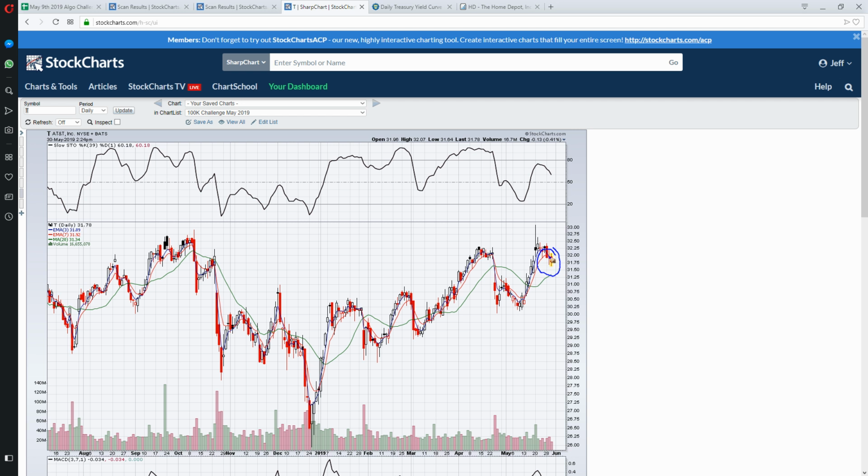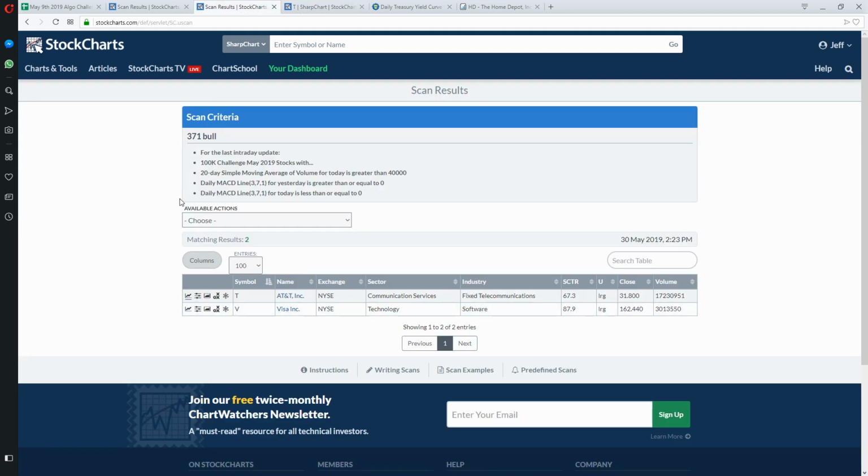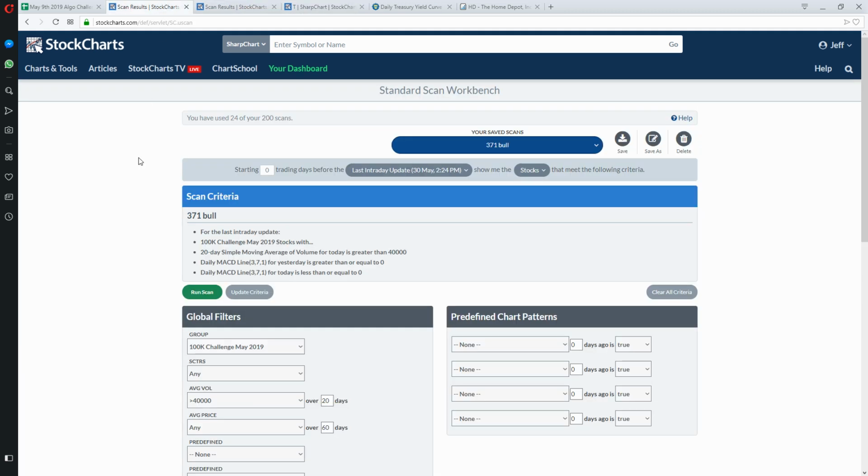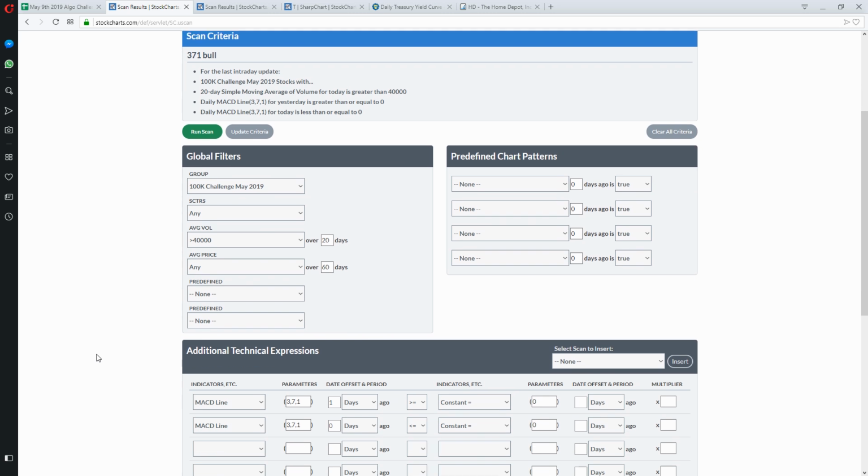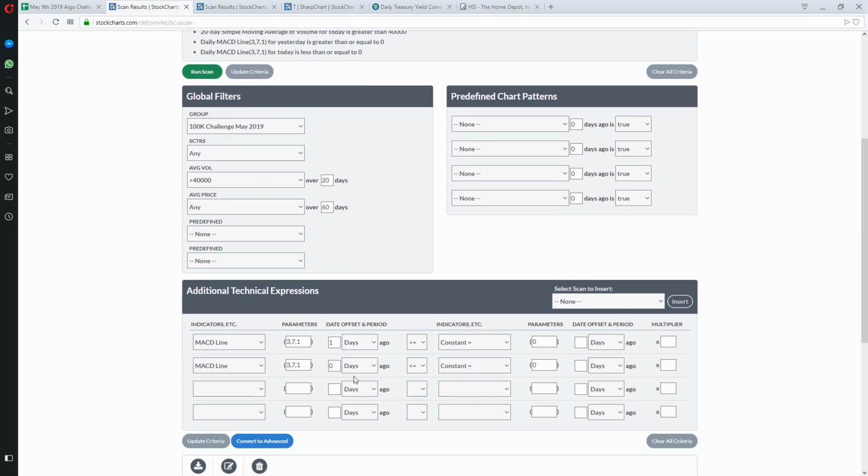So we have the 3-day moving average moving down below the 7-day moving average, and you can see that in the numbers on the left-hand side. That's the scan for it. And again, just because it has a 3-7 crossover doesn't mean it's a challenge trigger or anything like that. There's a lot more to it, but this is the basic part of it.